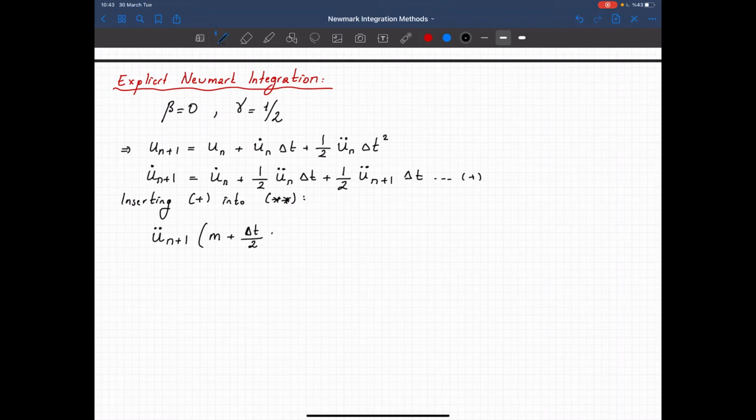2 multiplied by c is equal to p n plus 1 minus c times u dot n plus k times u n plus k times u dot n times delta t minus delta t over 2 times c times u double dot n plus delta t square over 2 k times u double dot n.